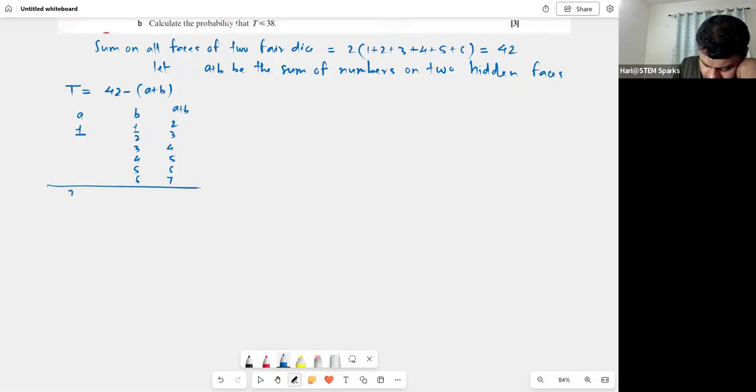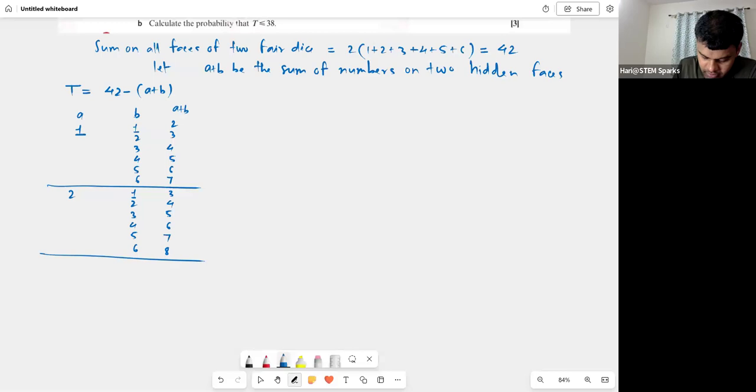Now consider a second case. When the first die has 2, the hidden face of the second die may have 1, 2, 3, 4, 5 and 6. Then the sum of A plus B will be 3, 4, 5, 6, 7, 8.